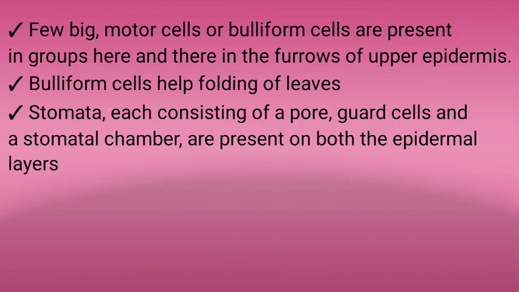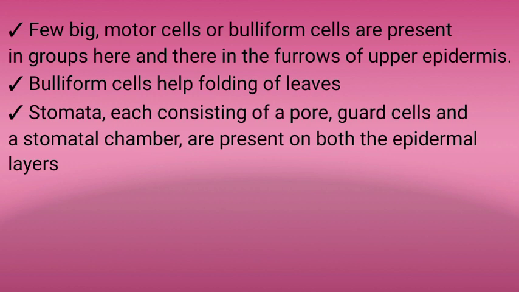A few big motor cells or bulliform cells are present in groups here and there in the furrows of the upper epidermis. These bulliform cells help in folding of leaves, particularly in grassy plants. Stomata are present, each stoma consisting of a pore, guard cells and a stomatal chamber, on both the epidermis layers.